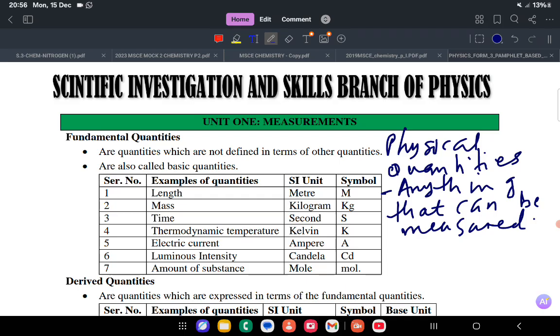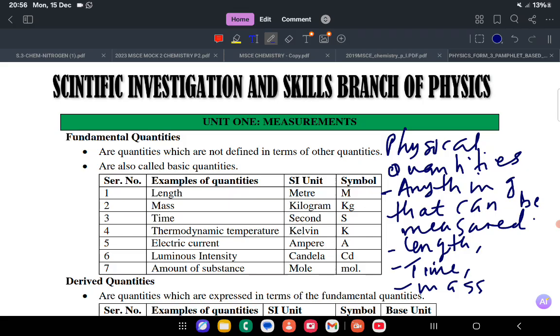For example, you can measure the length of a wire, the time taken for an event to take place, or the mass of a coin or a bag of sand. Think of anything that you can measure in the lab in a practical.